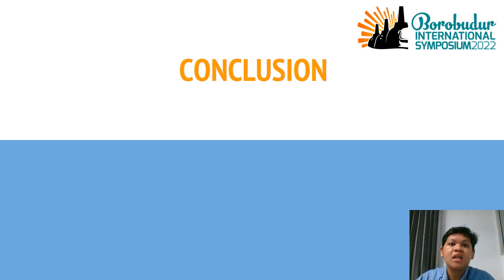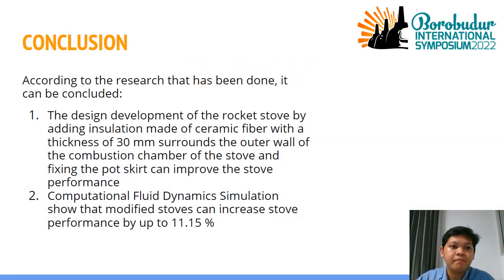Conclusion. According to the research that has been done, it can be concluded that the design development of the rocket stove by adding insulation made of ceramic fiber with a thickness of 30 mm surrounding the outer wall of the combustion chamber of the stove and fixing the port skirt can improve the stove performance.